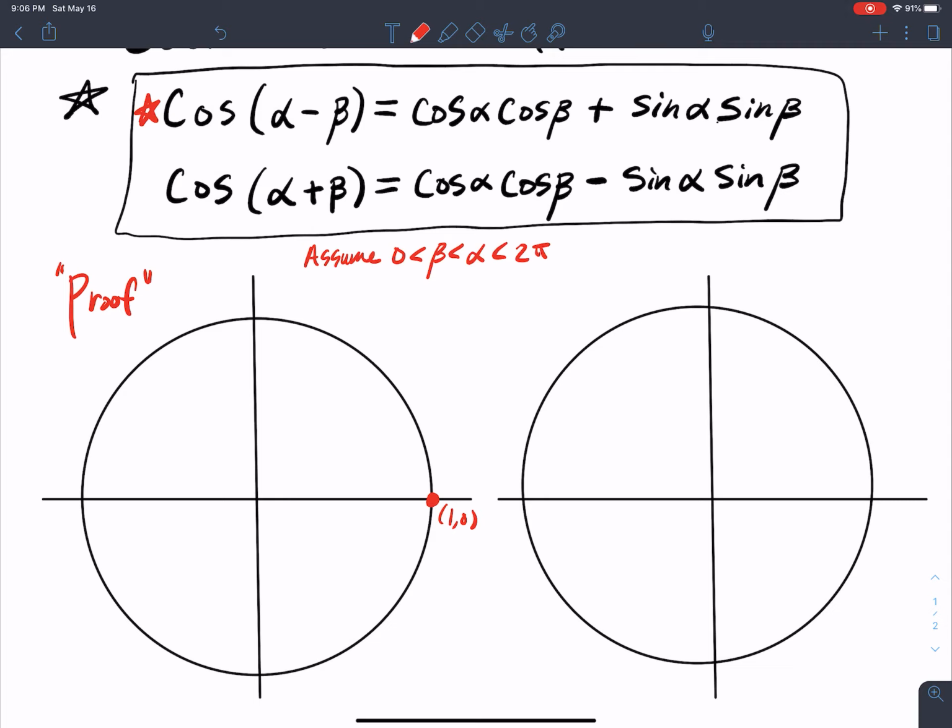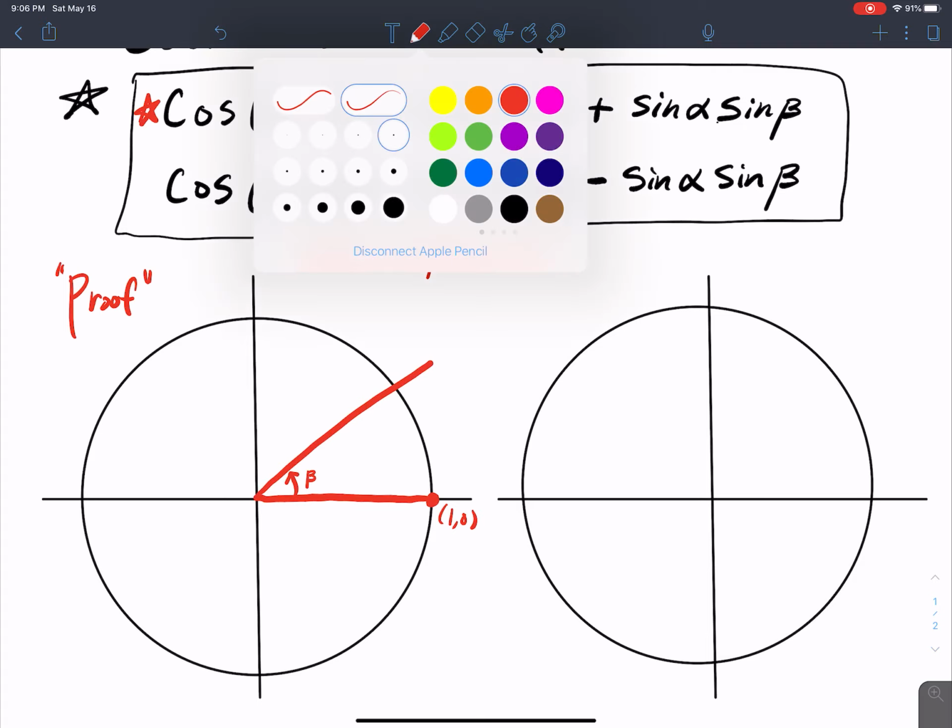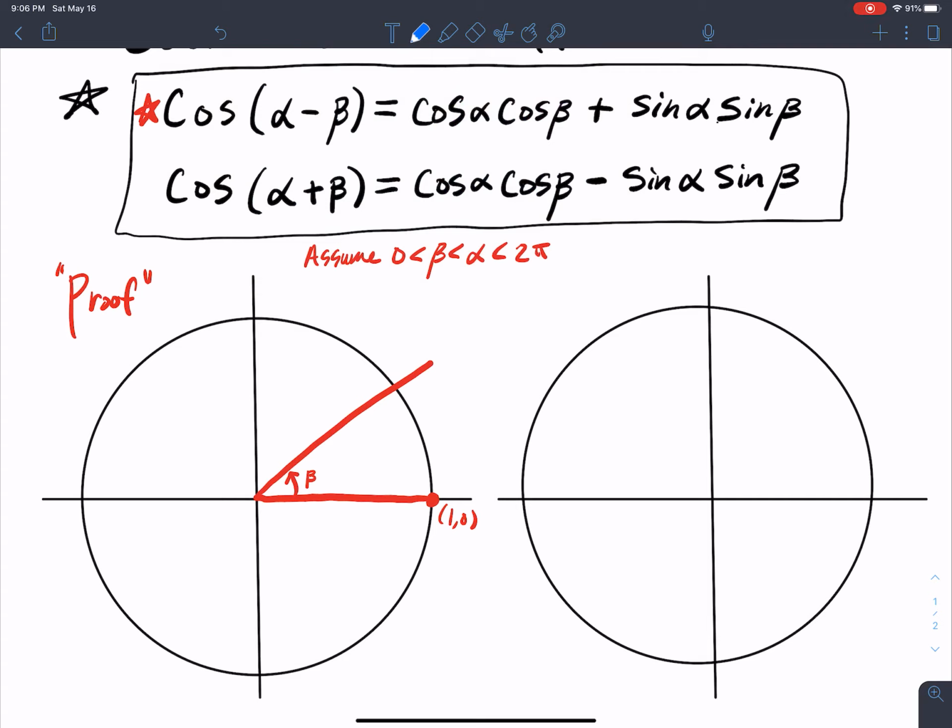My beta angle is smaller, so I'm going to go up to here, and this angle here is beta. Now I'm going to do the same thing for alpha, a little bit bigger angle, so I'm going to go here and make it come out a little bit larger. So this distance here is alpha.